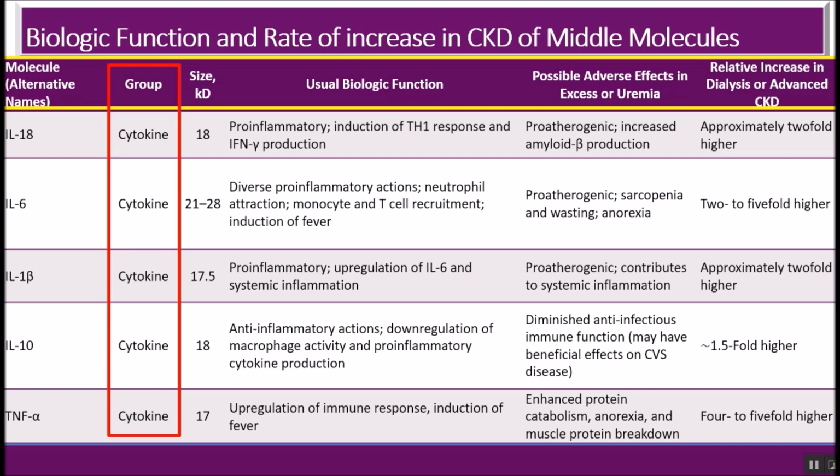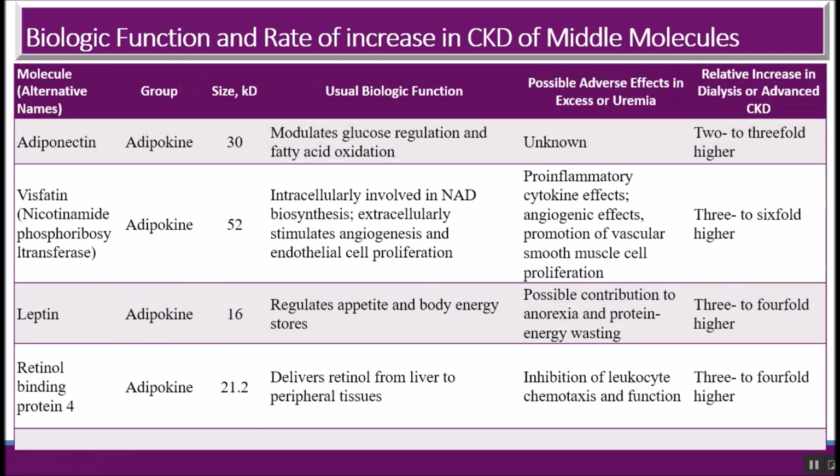Please read the document here, because each molecule from the cytokines can induce endothelial damage through a different approach. They can also induce severe protein energy wasting with sarcopenia and anorexia. The second group is the adipokines, and different types of adipokines have been identified, carrying a pro-inflammatory cytokine effect.